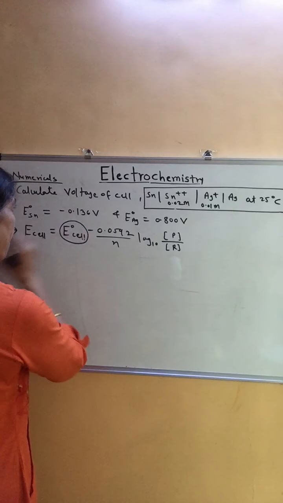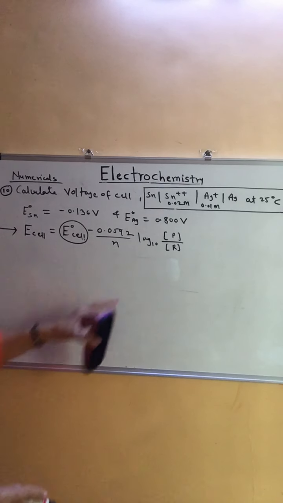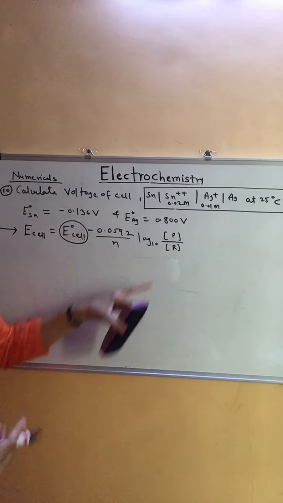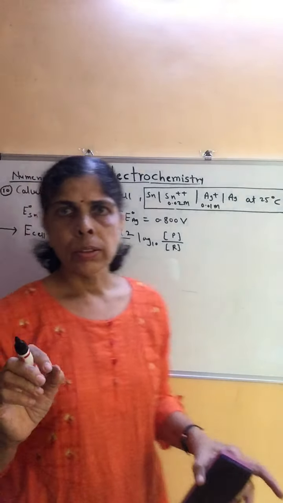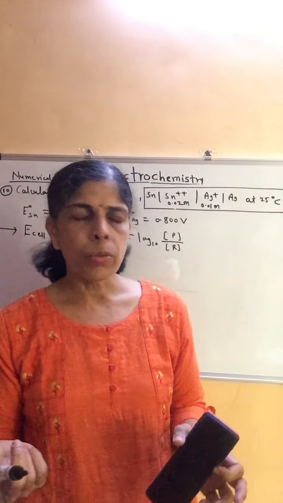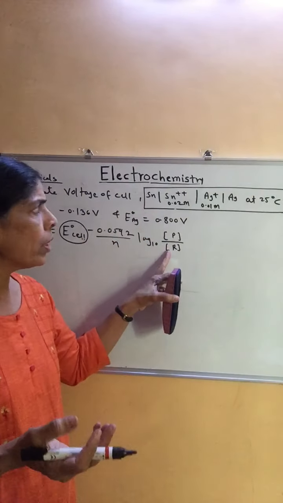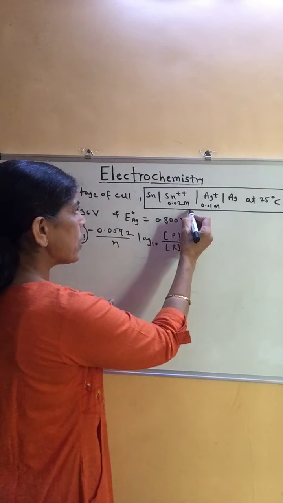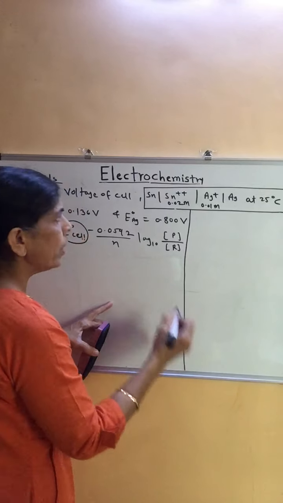Then for these products upon reactants, which are the products and which are the reactants for the complete cell reaction? For that substitution, you have to write down the half cell reactions and then the complete cell reaction. So we will write that aside.